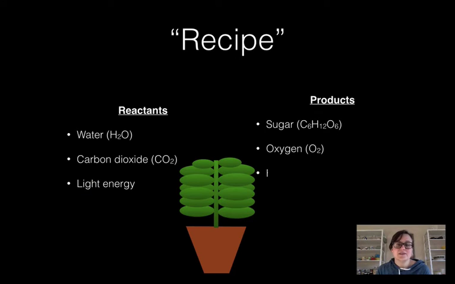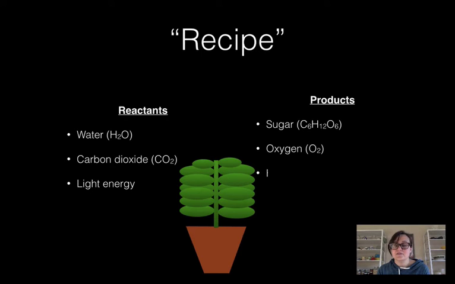We can think of photosynthesis as a recipe. The reactants are like the ingredients. It's the things that go in. So water, carbon dioxide, and light energy are required for photosynthesis to happen. Those are going into the plant. Those are the ingredients, the reactants. The products are the things that are made from the reactants. So it's like your final product after you use up all your ingredients.